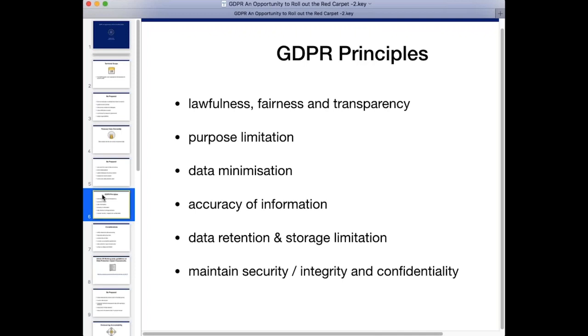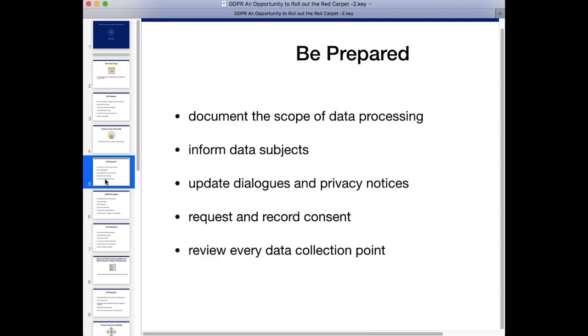So once again, there are a few things we could do to prepare. Apologies, I jumped the queue. We can document the scope of the data that we collect and process. So if you collect personal data, make sure that you tell the individual what you will be using the data for.